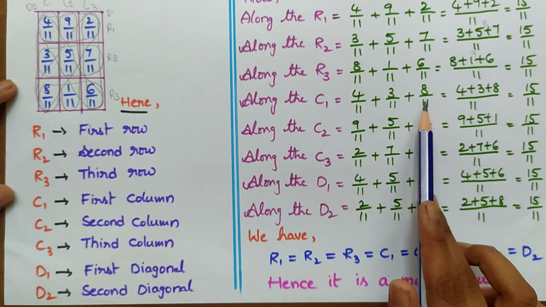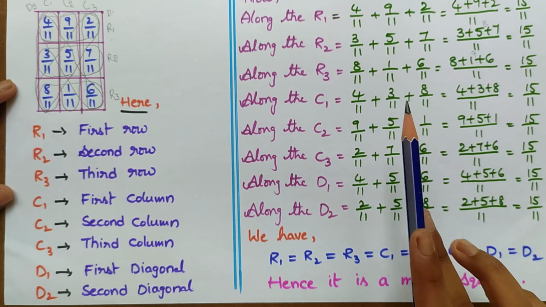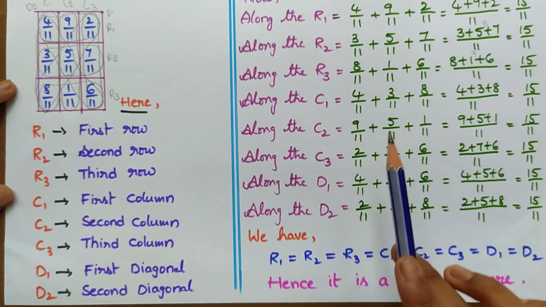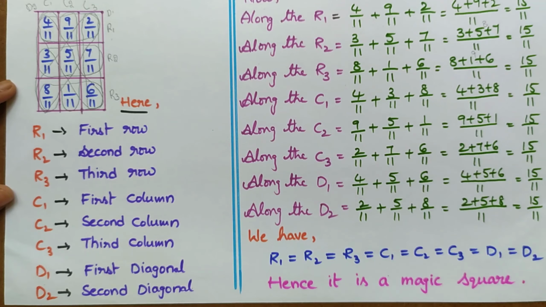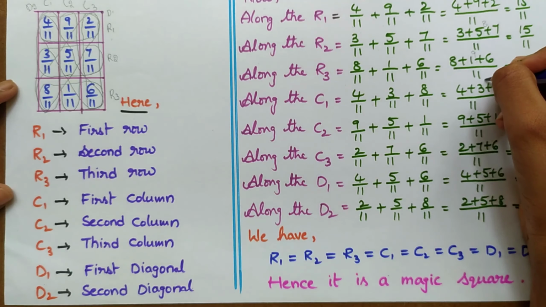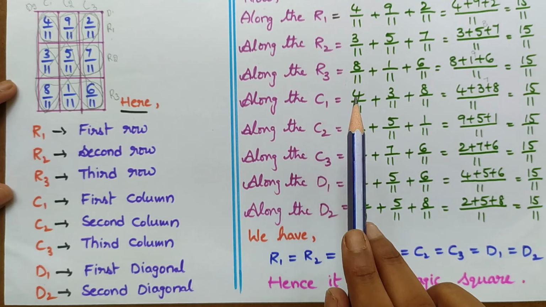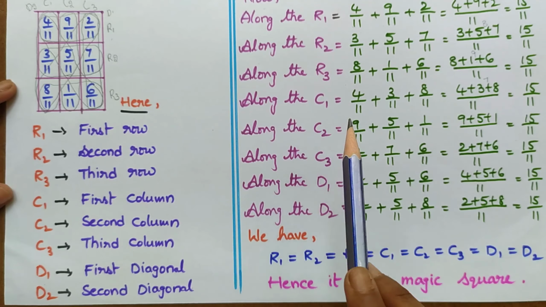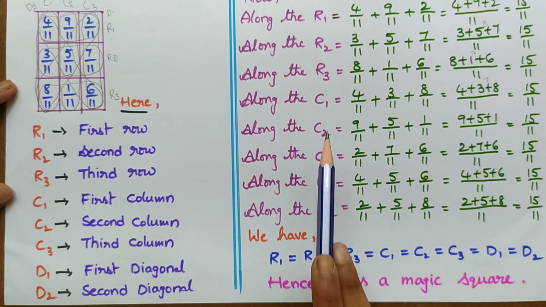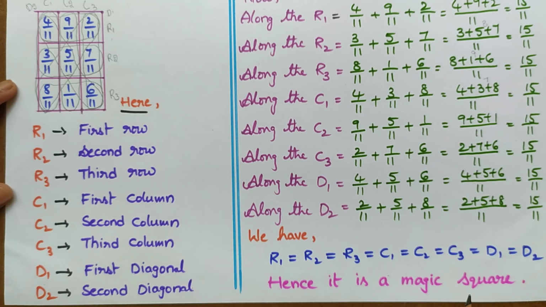As they are like fractions, we can write 11 and 4 plus 3 plus 8 by 11. So 4 plus 3 is 7 and 7 plus 8 is 15 by 11. So the sum of elements in C1, the first column, is 15 by 11. Now let us see C2.